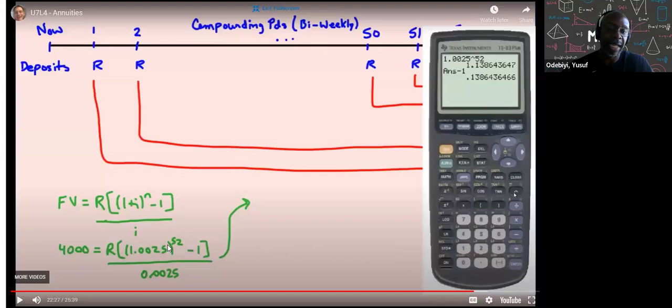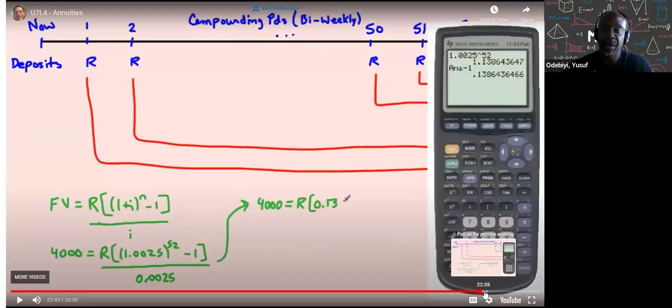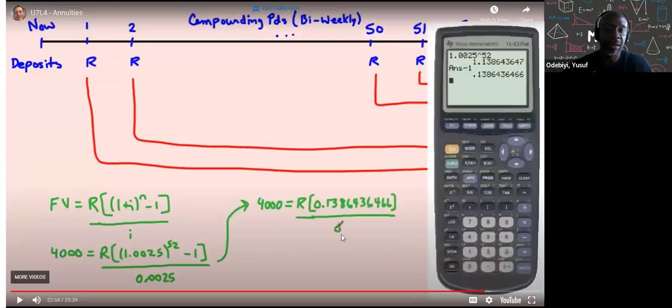Actually, you can't minus them because the R is going to be attached to that still. So watch the steps that he's doing. There you go. Okay, my bad. So R is in the big bracket outside. So you're going to get this to the power of 52 and subtract the 1. So now you have one big number here divided by 0.0025.